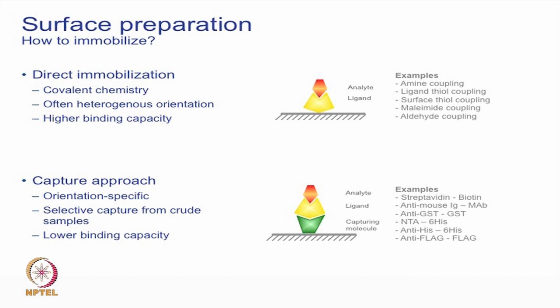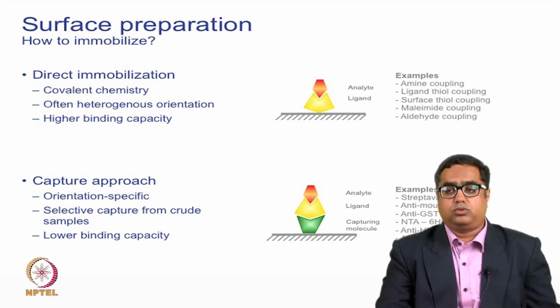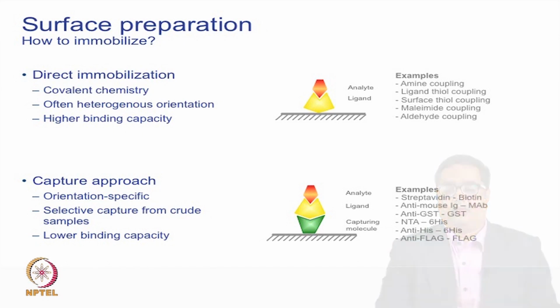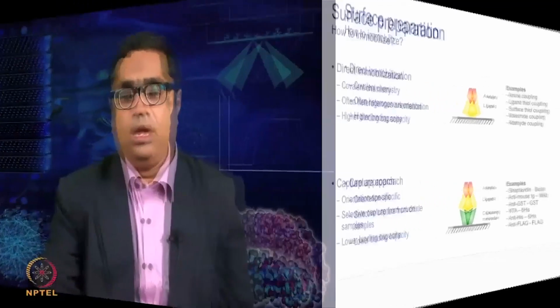Most of the time anti-mouse and anti-human capture kits are also available, and these kits help to capture mouse and human antigens or antibodies, and then we will understand the interaction with an antigen. Also we have anti-His antibodies which will bind to His-tagged proteins, or an NTA chip which will capture histidine-tagged molecules, and FLAG-tagged molecules are also captured by an anti-FLAG antibody, and in a similar way.